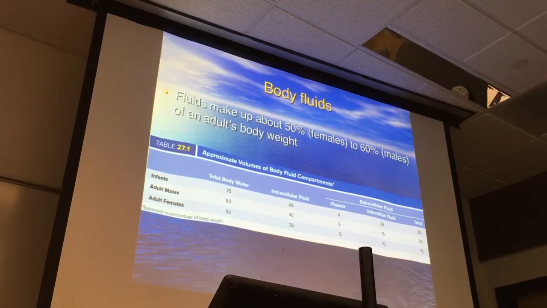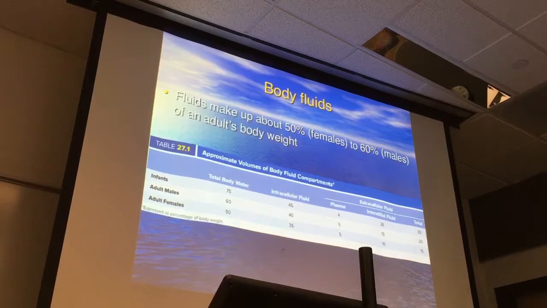Just differences, okay? Now, so total body water, look, is 60% for males, 50% for females. Why so much in an infant? They just do. Even though they have a reasonable amount of fat, they have so much fluid in their tissues. We get kind of dehydrated as we get older, I guess.